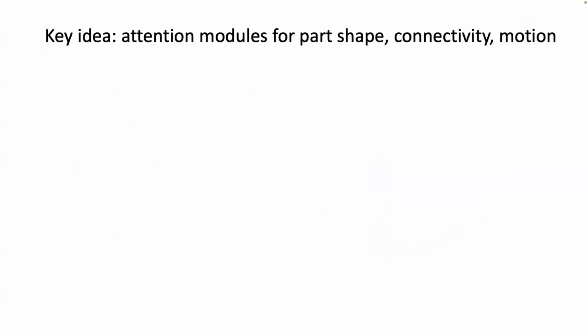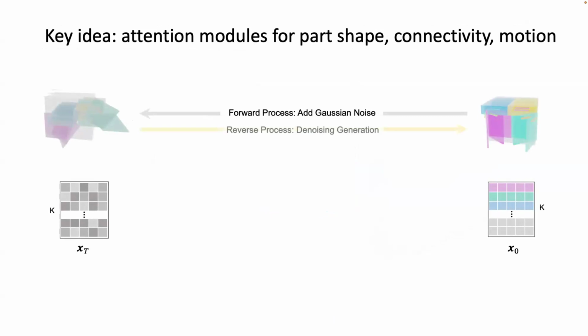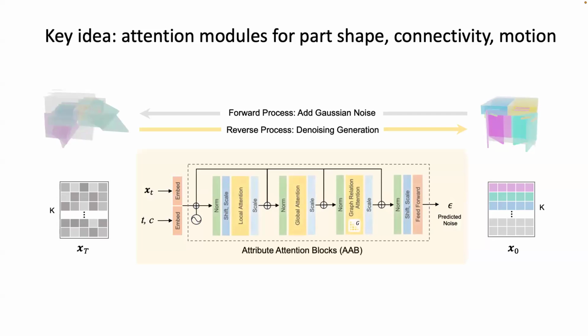A key idea that underlies this work was to then use attention to appropriately establish connections between part geometry, connectivity, and motion. And as you might imagine, this is a denoising strategy where we take a tensorial representation of the complete object and its articulation parameters, and train a neural architecture to iteratively denoise from a noisy version.